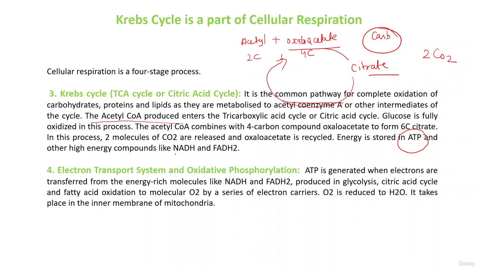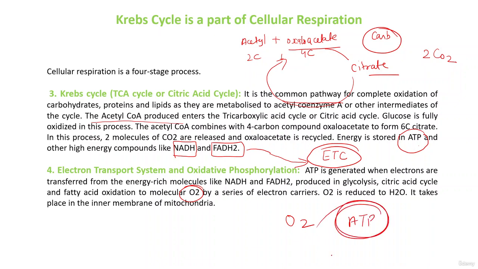You will see that at the end of the cycle, NADH and FADH2 production will occur, and these high energy compounds will further enter the electron transport chain in the inner membrane of the mitochondria, where oxygen is used and ATP generation will occur.